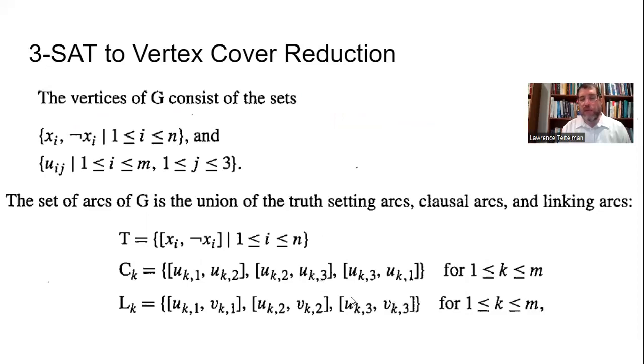And you need to have one of those for each element in the clause and to do that for each clause. So how many of those are there going to be? Let's say there are 10 clauses, there are going to be 30 of those. Okay.